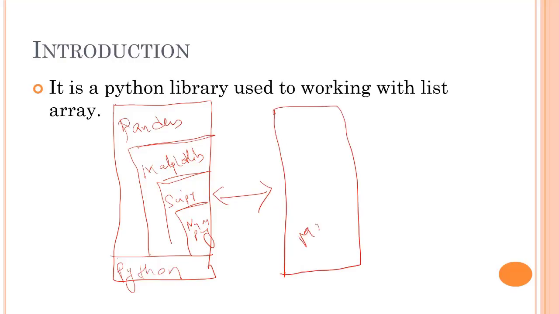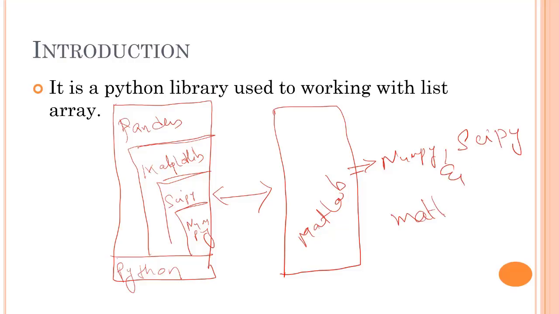Before the NumPy library, we had to use all this matplot as a traditional way. But now, to do it the easiest way, we work directly with NumPy. Basically, MATLAB was a replacement for the NumPy library as well as the SciPy library and the matplotlib library.